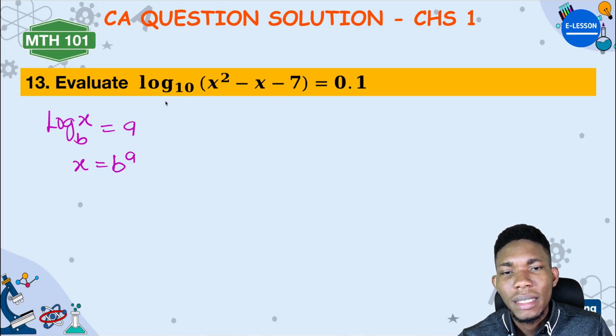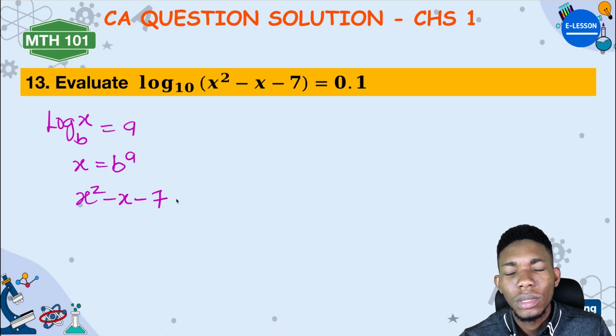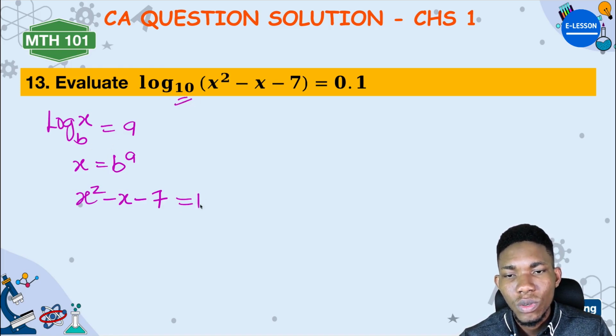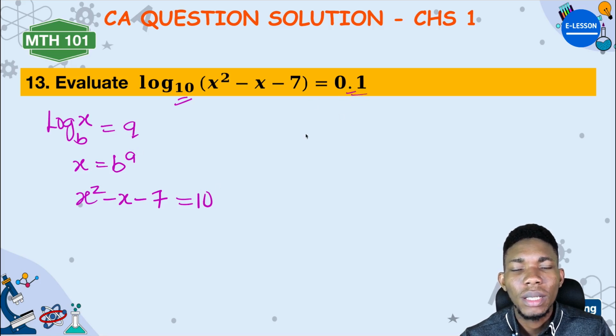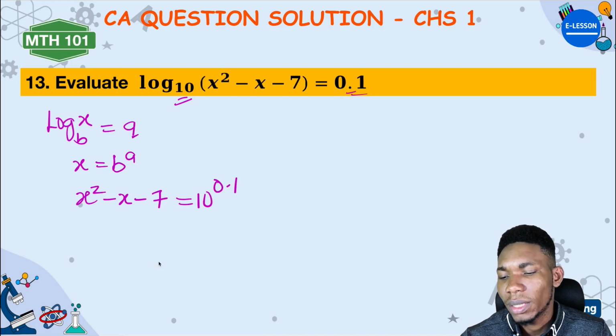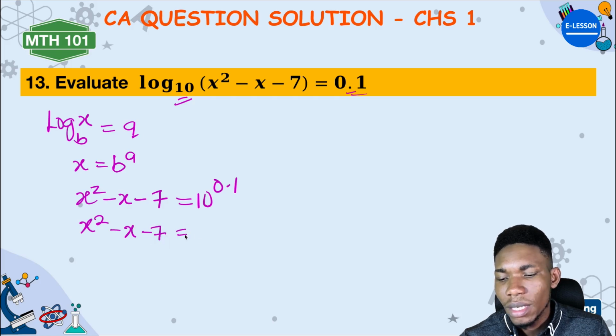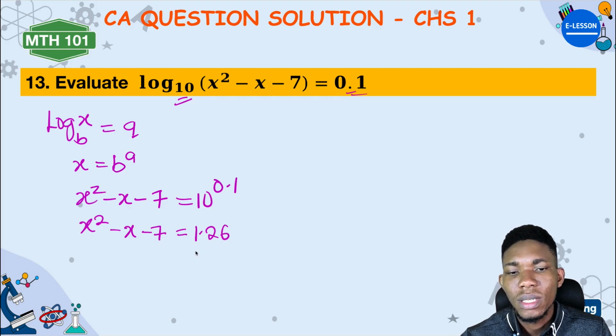in this case, our x is this thing here. So that would be what? x squared minus x minus 7 would be equal to, in this case, our b is this 10 here, so 10, and our a is what? 0.1. So 10 raised to the power of 0.1. At the end of the day, this will give us x squared minus x minus 7 equals 10 raised to the power of 0.1, which is 1.26.